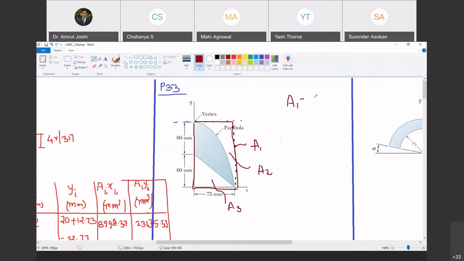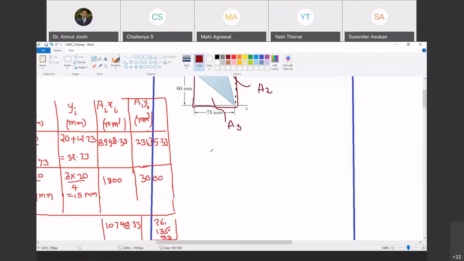A1 minus A2 minus A3. Yes, precisely. Very good, Chaitanya. So let us do it now. This is how I represent the figure. A1 is the rectangle, A2 is the parabola, and A3 is the triangle. Are you with me? Yes, sir.